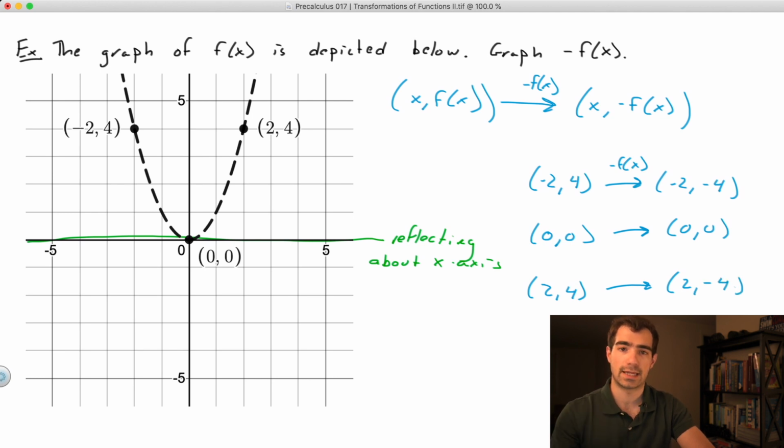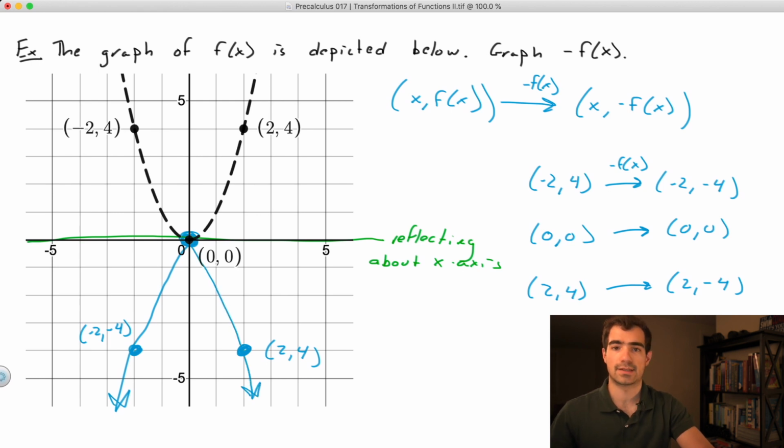We're going to take the negative f of x, or the negative y value in this case, and plot that instead. So if we plot those 3 points, we've got 0, 0, we have negative 2, negative 4, and we have 2, negative 4. Then we can use this to graph our parabola.